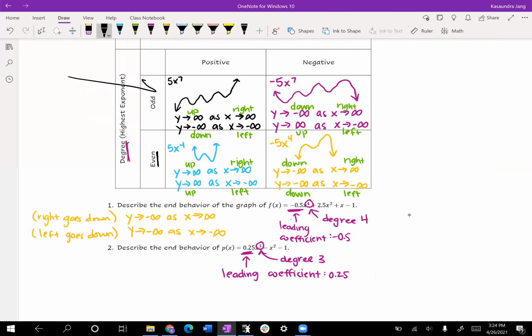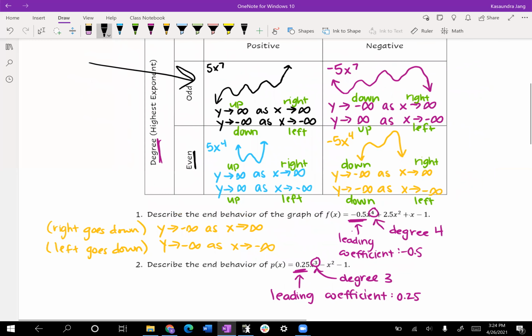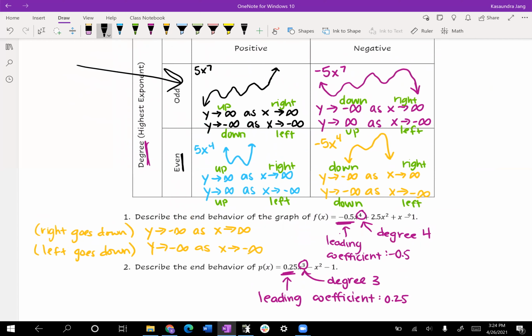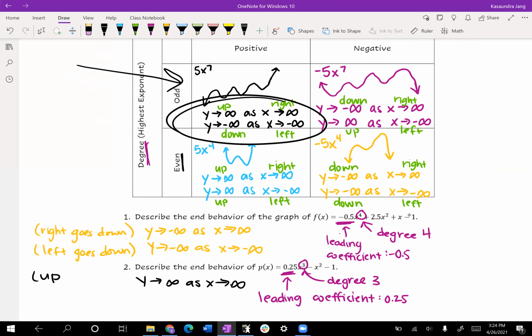Stuff that I had in black here. So this means that I'm pretty much going to write exactly what I have at the bottom here. Y goes toward infinity as x goes toward infinity. Basically means I will go up, so the right side goes up.